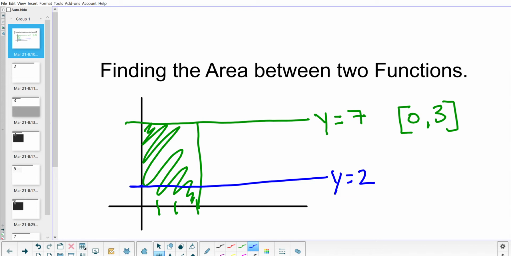So now it's still a rectangle, but I want to do the same x values, boundaries 0 to 3. I want to find the area between these two curves with these x boundaries. So that would be, I'm going to mark this in red, this rectangle right here, not going all the way down to the x-axis.